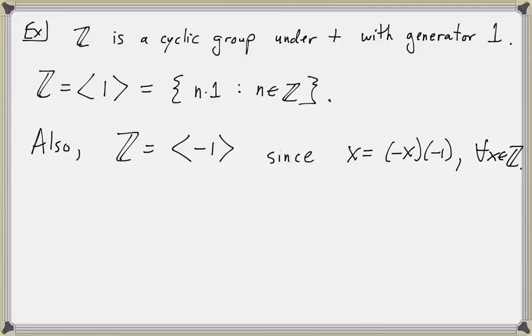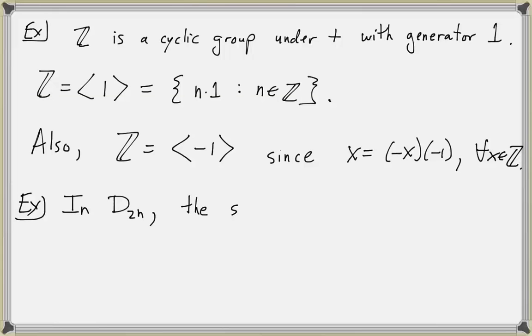Let's look at another example of a cyclic group. Now consider the group D2n. Well, we just said that every cyclic group is abelian, so since D2n is not abelian, D2n is not a cyclic group, but it does have a cyclic subgroup.